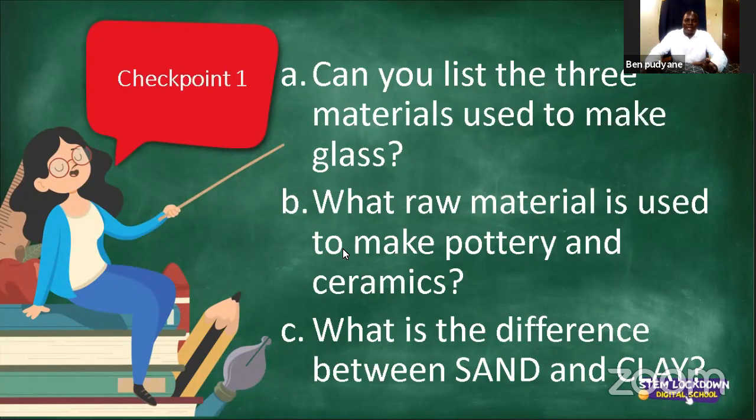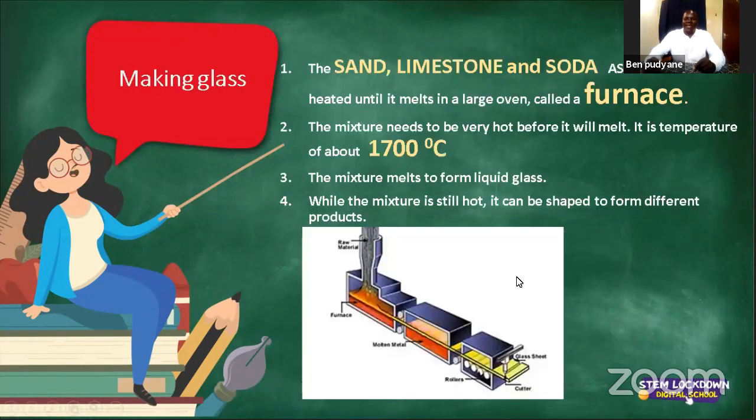Now let's go forward. Let's start to look at the process of making glass. Sand, limestone, and soda ash mixture are heated until they melt. But they are heated in a furnace. A furnace is a very, very hot oven. It's made of chemicals. It's not the fire that you know.